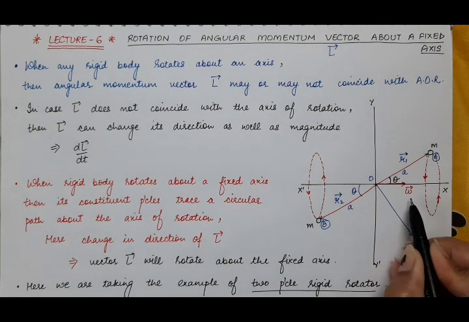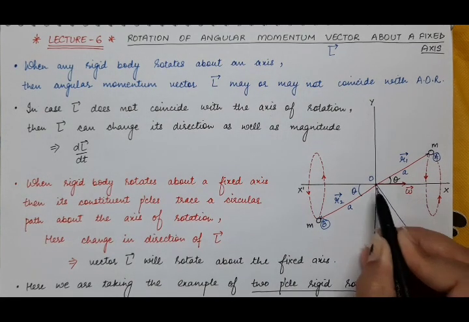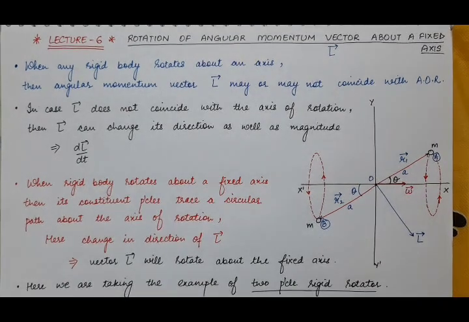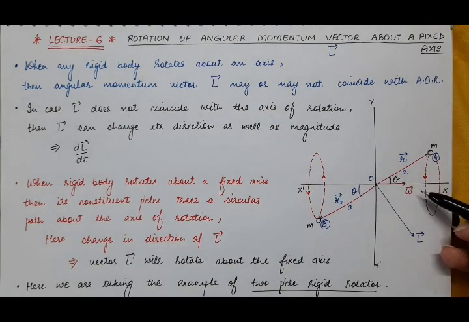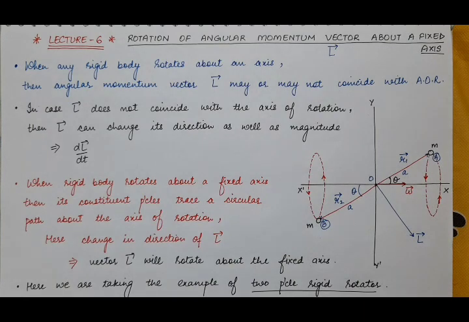The direction of angular velocity is along the axis of rotation, along the x-axis. It means this two particle rigid rotator is rotating about this axis of rotation, that is the x-axis, which is passing through its center of mass, with uniform angular velocity omega. And we will discuss the direction of L vector later.